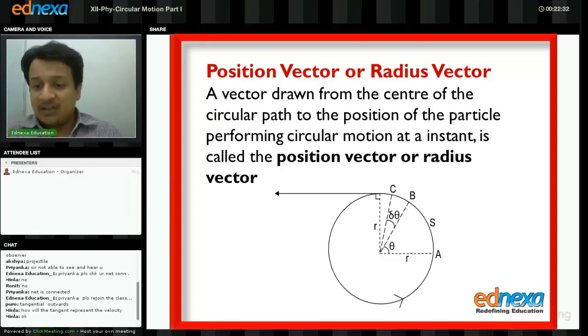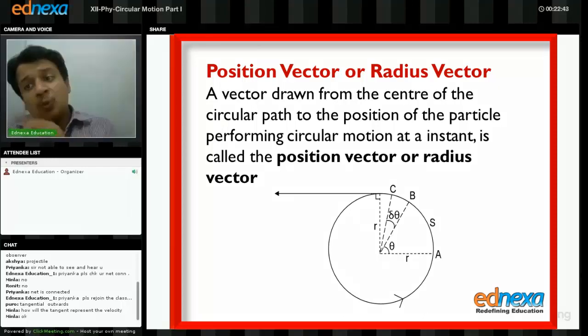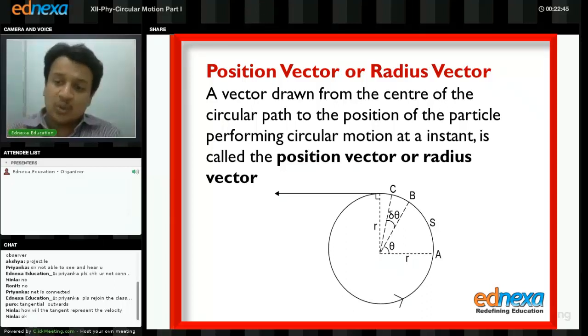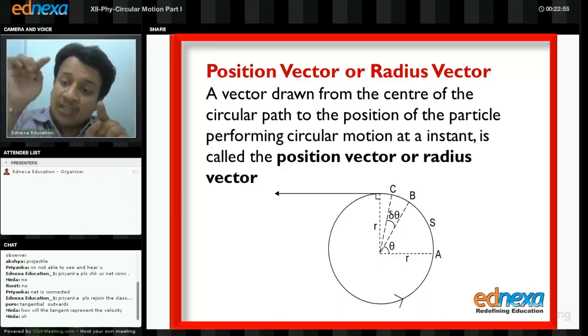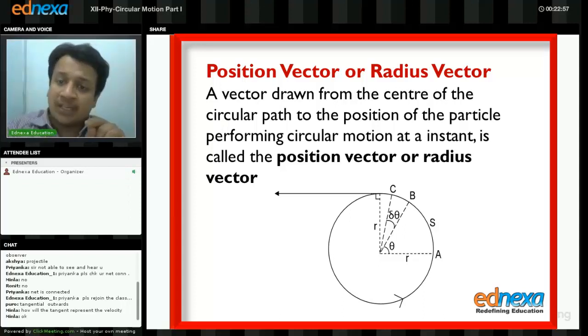Where is the center? We know the center of the circle. So suppose the center is O. A vector drawn from center of circular path to the position of particle. Initially, suppose particle is at point A, then obviously OA is the radius vector. After some time particle will reach at point B, then OB is the radius vector or position vector.